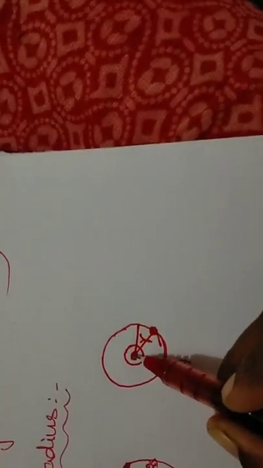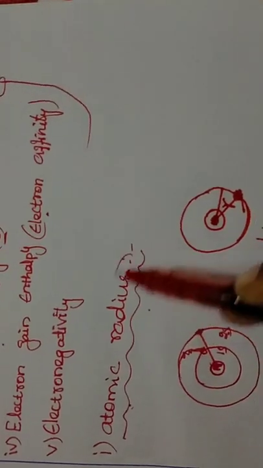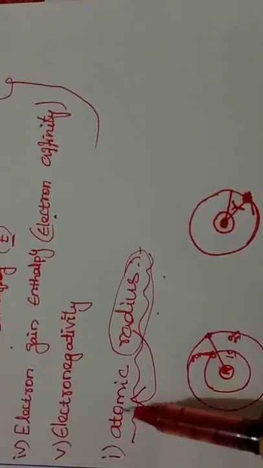So from the center of the nucleus to the outermost shell or the valence shell containing one electron. Okay, so the distance from center of the nucleus to the valence shell containing outermost shell is known as the radius of atom. So we can call this is atomic radius. This is radius of one atom.